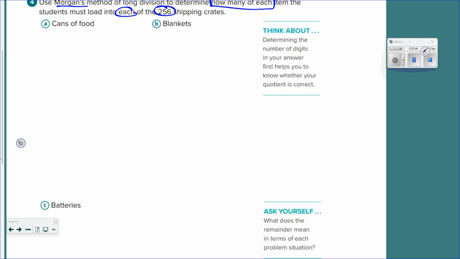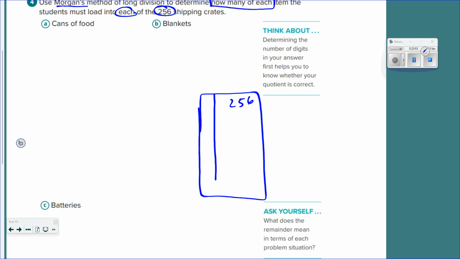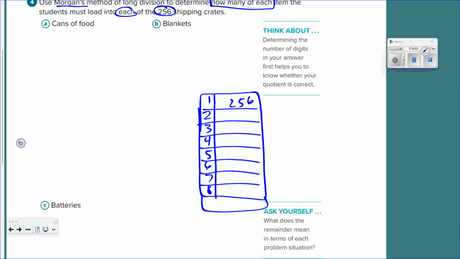In this case, the number I'm dividing by is 256, correct? So I can really quickly make myself a table of all of the multiples of 256. 1, 2, 3, 4, 5, 6, 7, 8, 9. Because if I build a table like this, all I'm actually doing is addition.